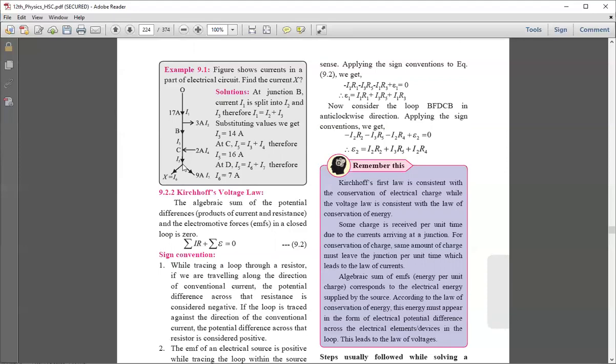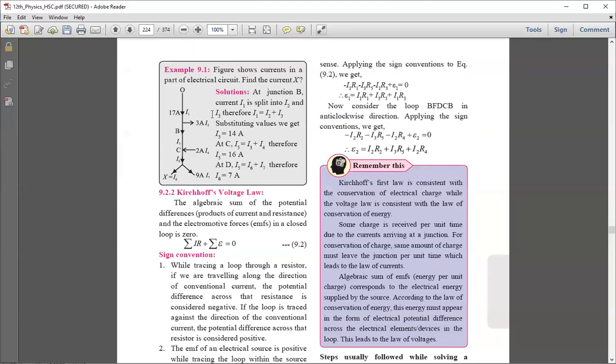This point is also a junction named D. At junction D, this current I5 is 16 ampere. At junction D, one of the path currents is going away from the junction, so we have to subtract it from the total. 16 minus 9 will be 7 ampere, as it is going away from the junction.